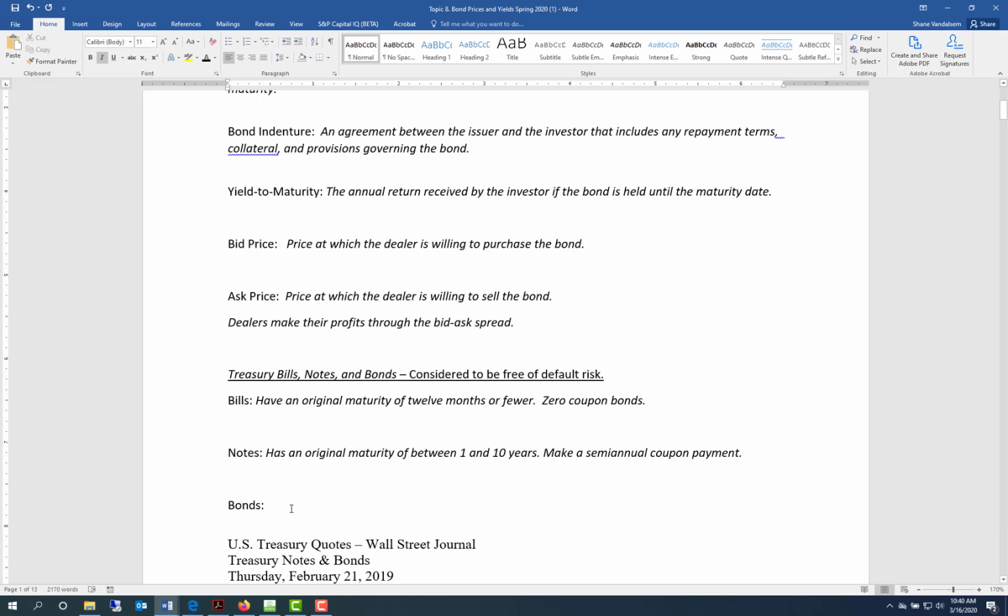And U.S. government bonds, sorry about this, this should say have instead of has. So bonds have an original maturity of more than 10 years.